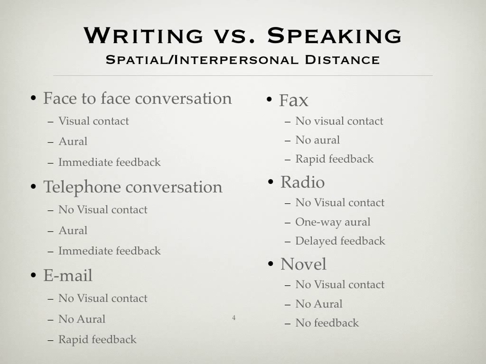So here's what I came up with. One thing to notice is the degree of feedback that is likely relative to the degree of spatial or interpersonal distance. In other words, these forms differ in terms of their dialogicality, from face-to-face being the most dialogical to the novel being the most monological.